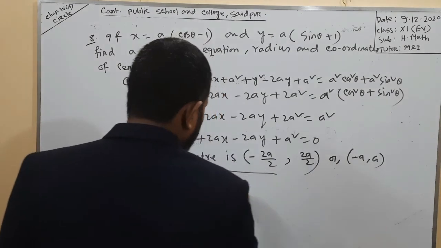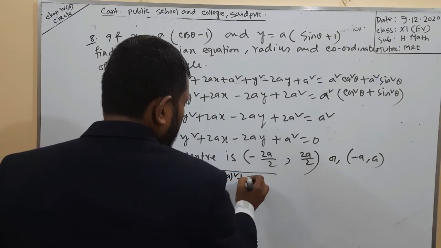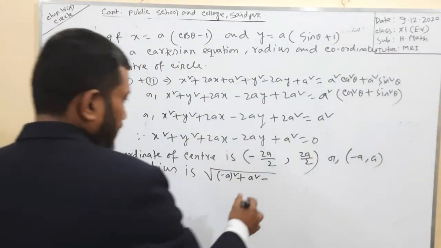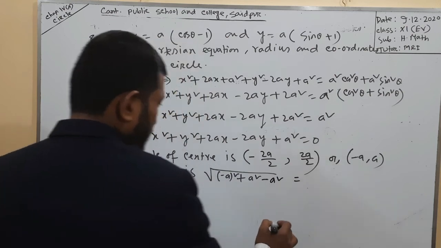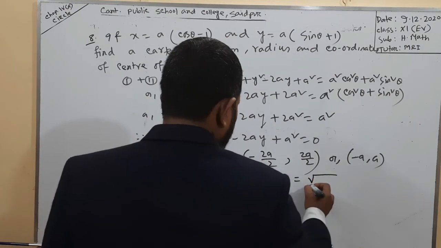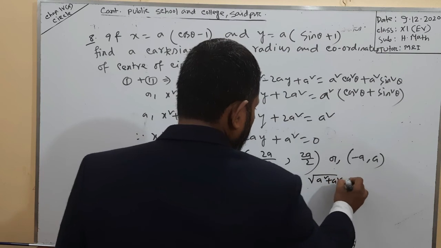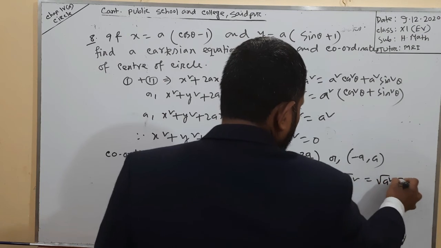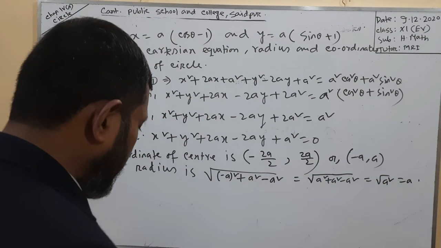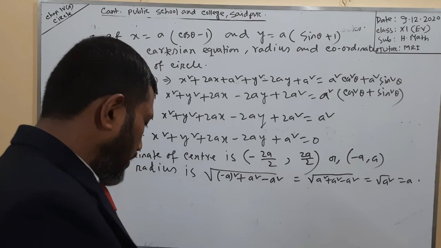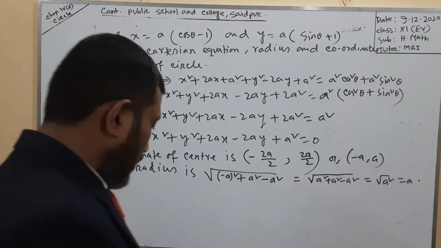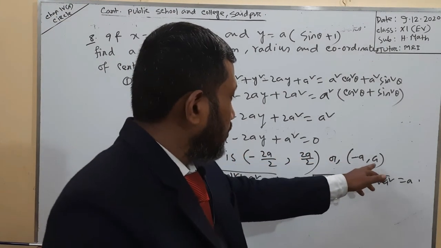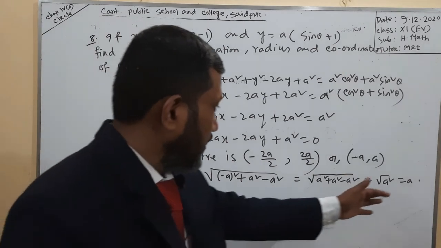So here minus a square plus a square minus c, where c is a square, that is, we got a square plus a square minus a square, which is a. This is the required answer. Here coordinates of center is minus a comma a, and length of the radius is a.